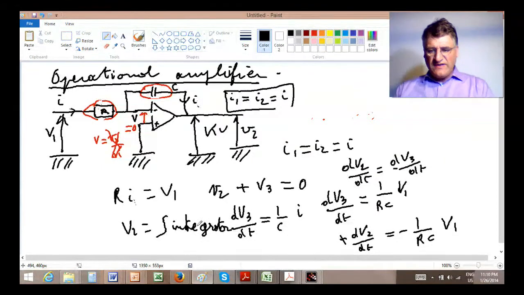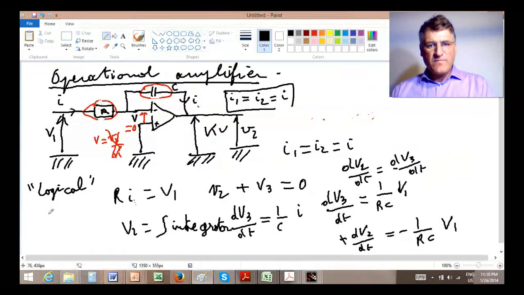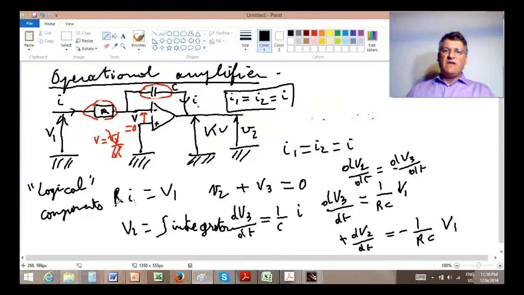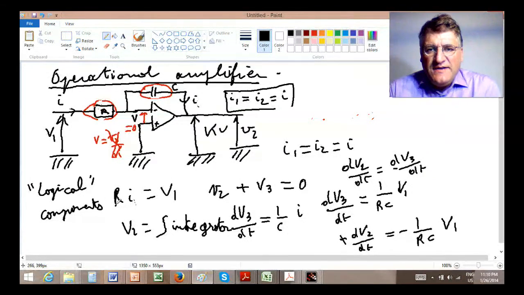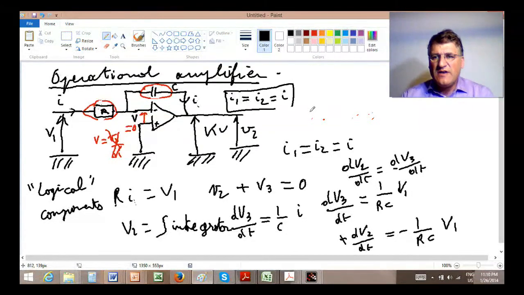So we create these ideal components which are literally sort of logical components, and what we will do is use these components for the purpose of coming up with the appropriate logic that will help you establish control over mechanical systems.